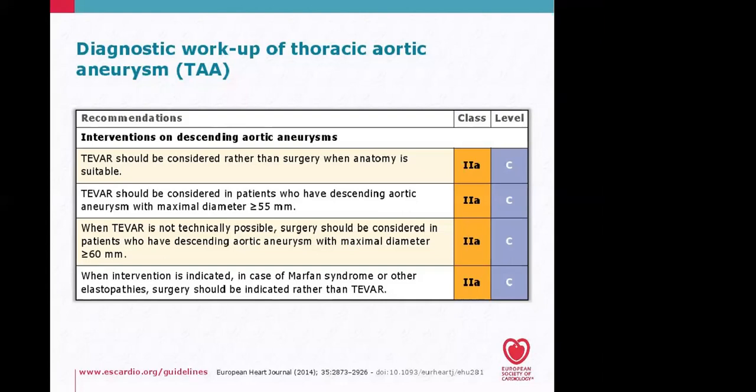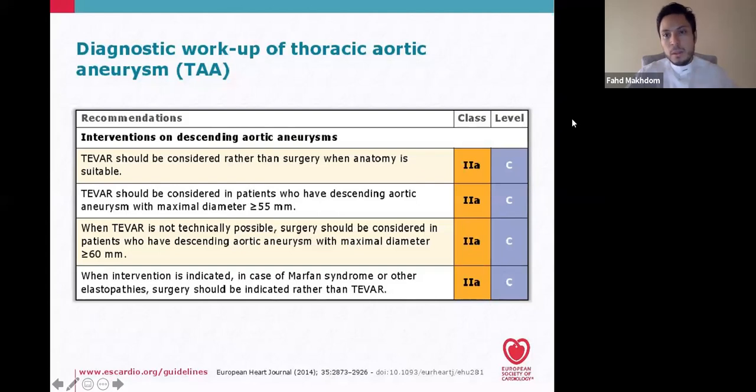If the patient has no risk factors, I need to have an echocardiography to check the competence of the aortic valve. Yeah, the valve is bicuspid, and there is moderate aortic stenosis.